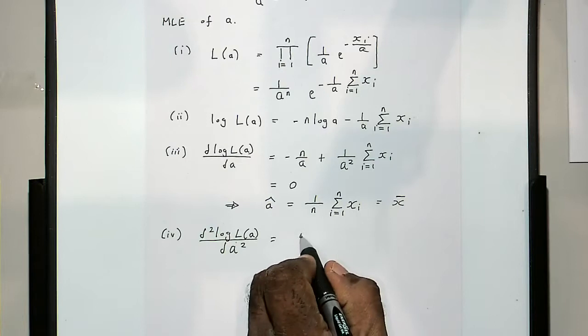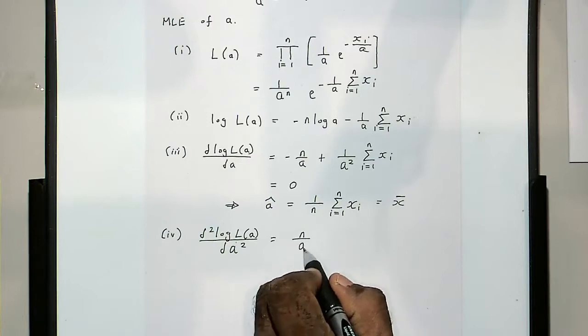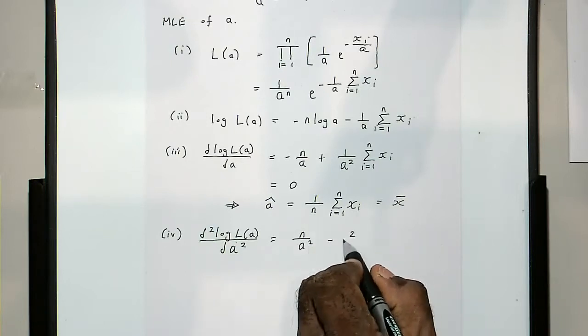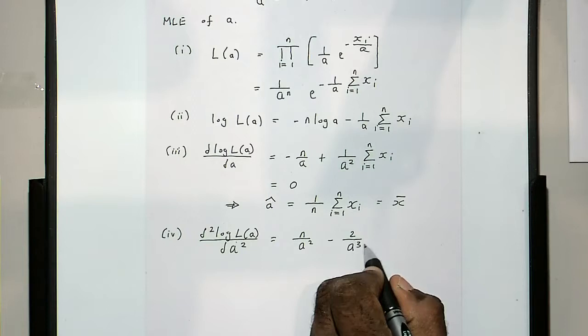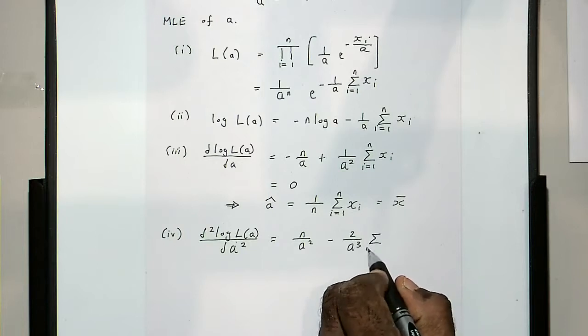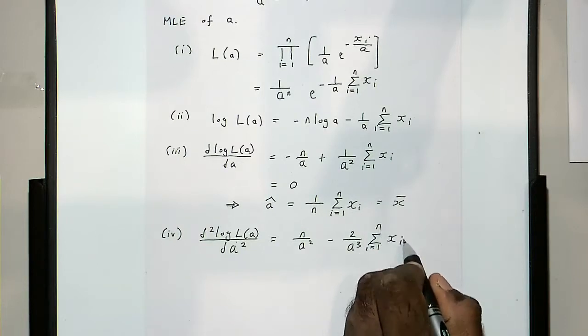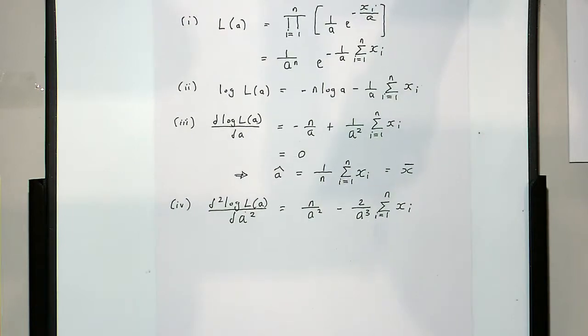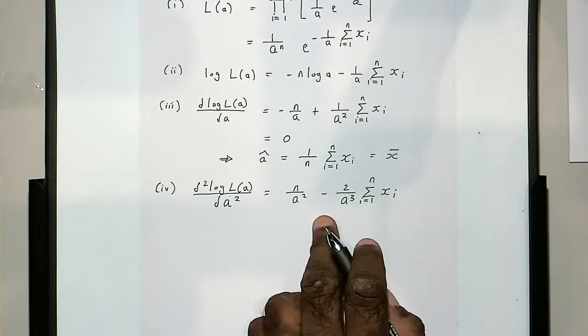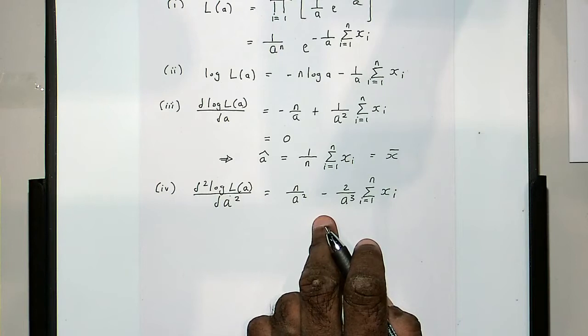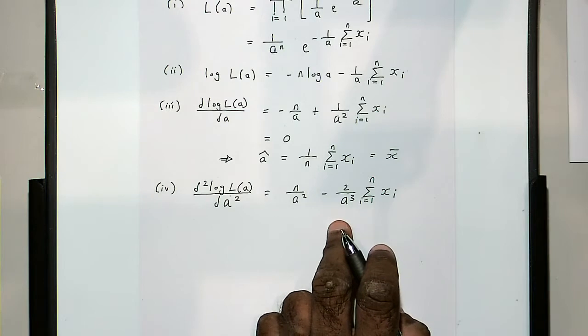So it's going to be n divided by A squared minus 2 divided by A cubed times the sum. Now we need to show that this is a negative number. How do we do it? There are many ways. How can we show that this is a negative number?